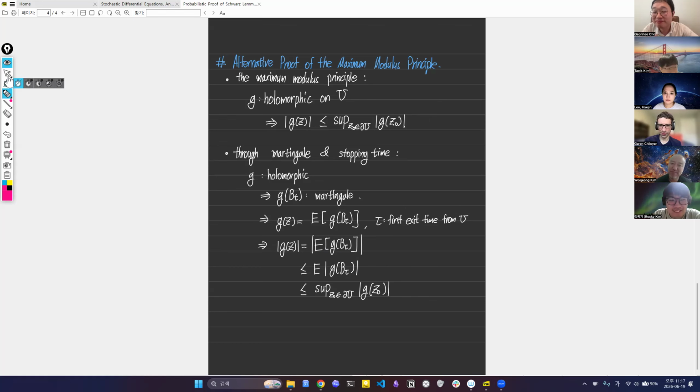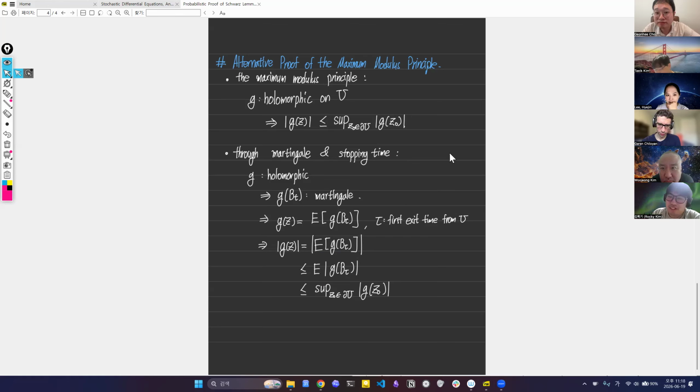I wonder, is the holomorphic condition important? I couldn't hear. This is an alternative proof of the maximum principle, and the proof itself.